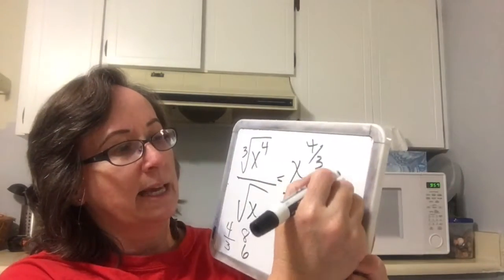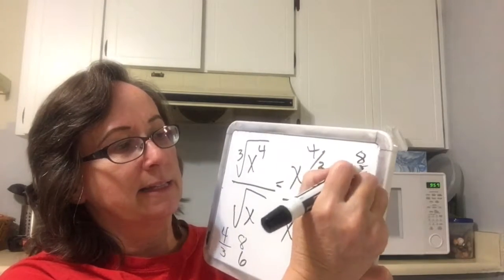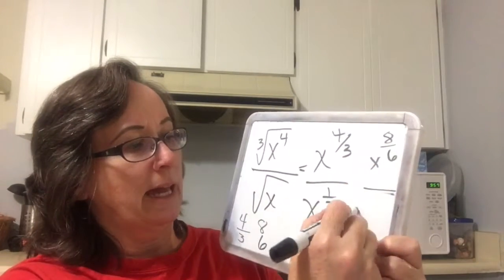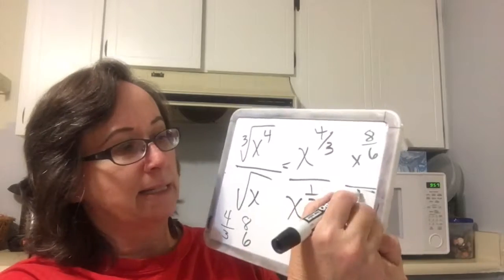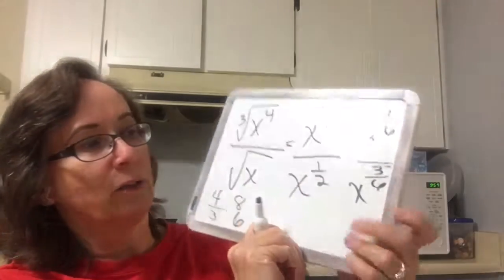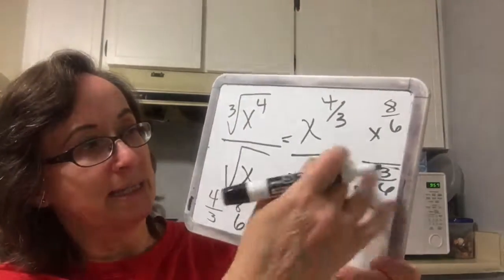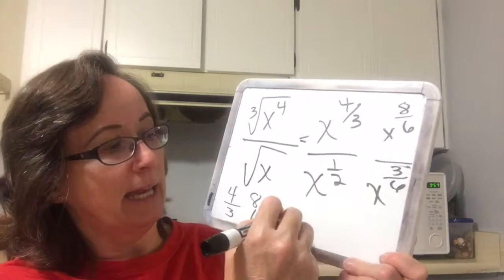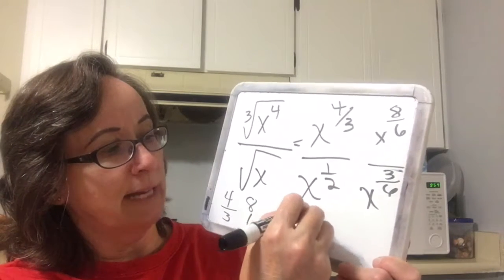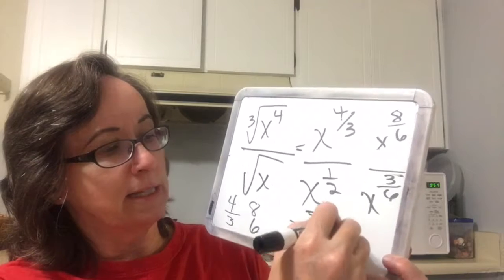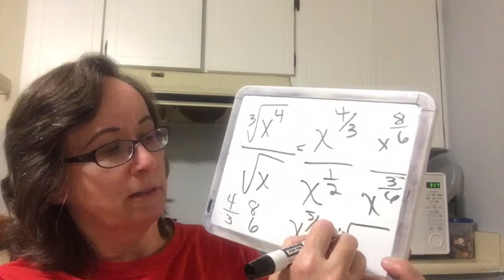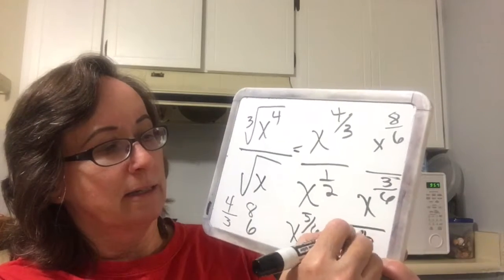So this is x to the 8/6 divided by x to the 3/6. So when I divide like bases, I subtract their exponents, and I get x to the 5/6, which is the 6th root of x to the 5th.